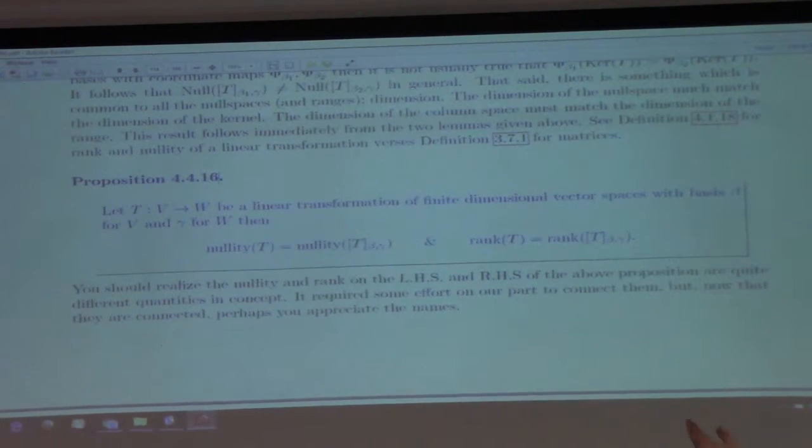By this theorem, you can say, well, this is clearly not a surjection, because for it to be a surjection, I would need the range to be 3-dimensional, yet it is clear that the column space is 2-dimensional, and the dimension of the column space must match the dimension of the range. So by inspection of or calculation from the matrix of a linear transformation, we can see things about the corresponding kernel and range of the abstract map in the most natural way possible.